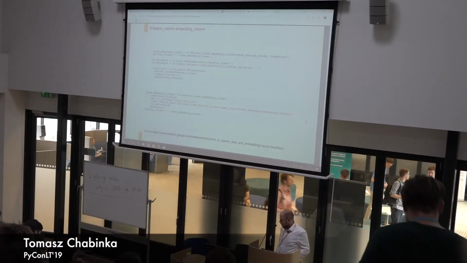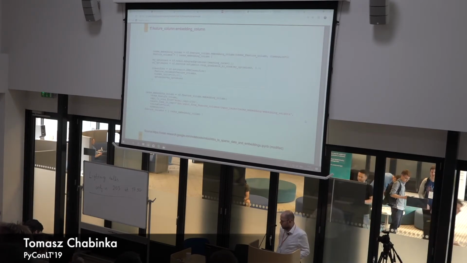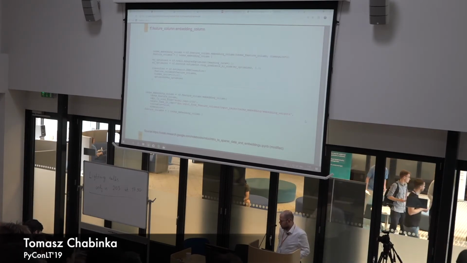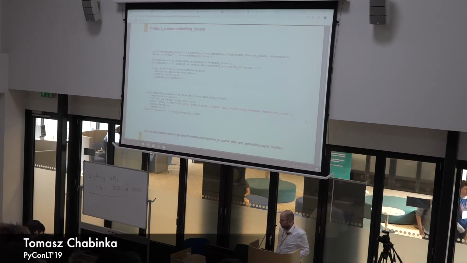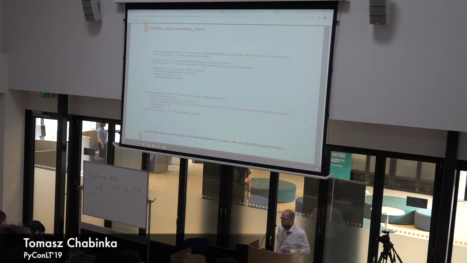As you can see, you just create an embedding column layer in TensorFlow, and you train your classifier. Then you can read this embedding column. You set trainable to false, so this layer doesn't change in the future when you use it for transfer learning, and basically that's it.